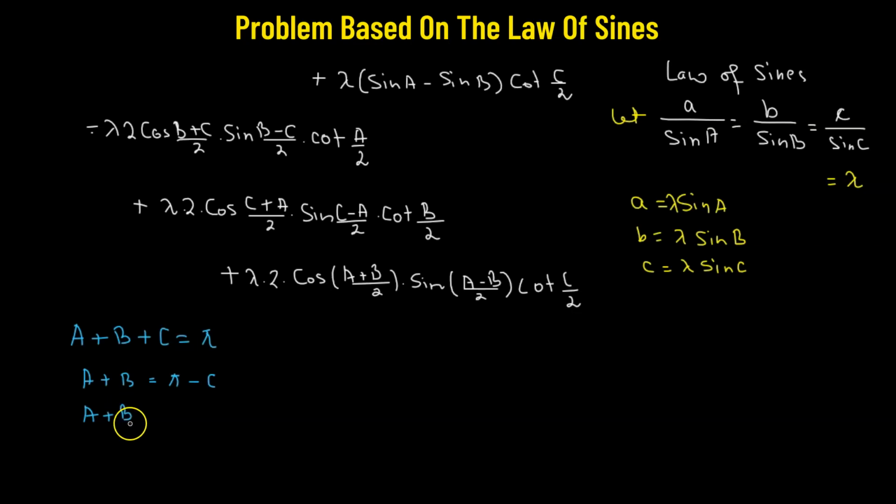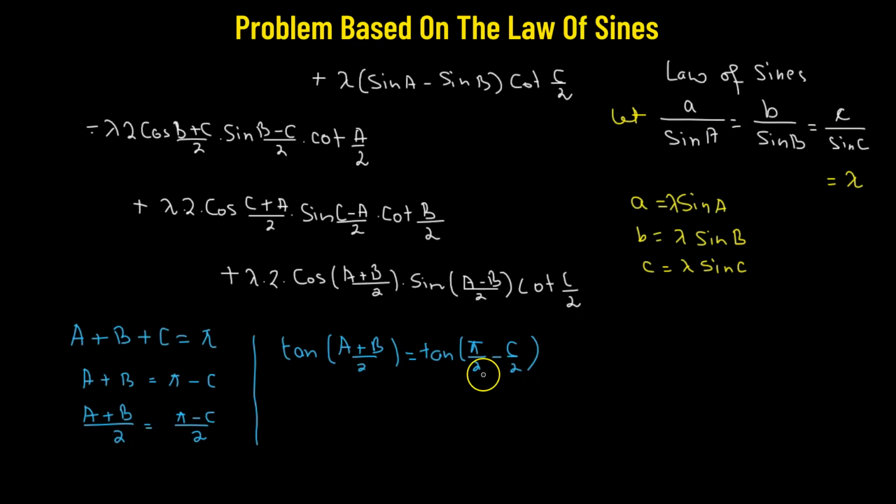So A plus B over 2 equals pi over 2 minus C over 2. So let's take the tangent on both sides. The tangent of A plus B over 2 will be equal to tangent of pi over 2 minus C over 2.